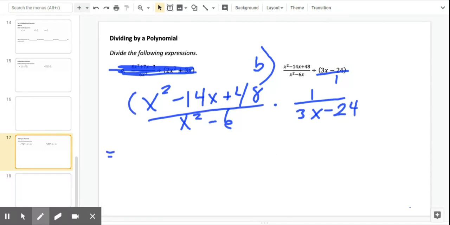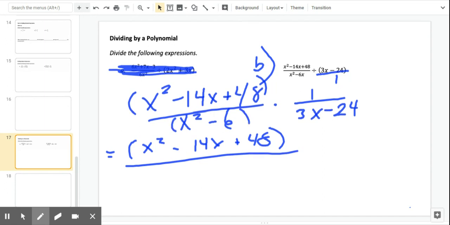So this first polynomial, oh, actually, I forgot to multiply everything together. So we did keep, change, flip. Now we multiply the two fractions. So this guy times 1, you don't need to write the 1. Then we have x squared minus 6x times 3x minus 24.